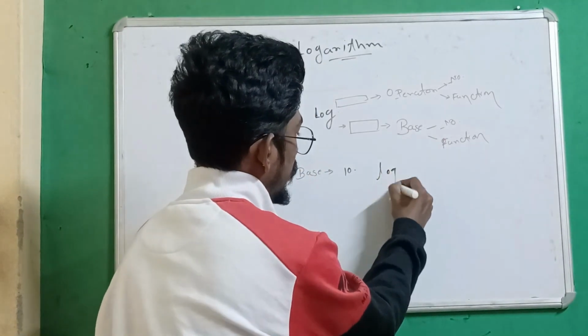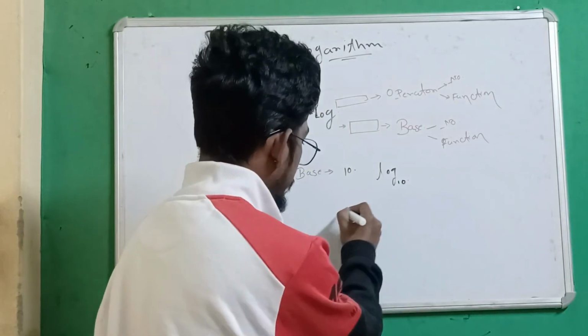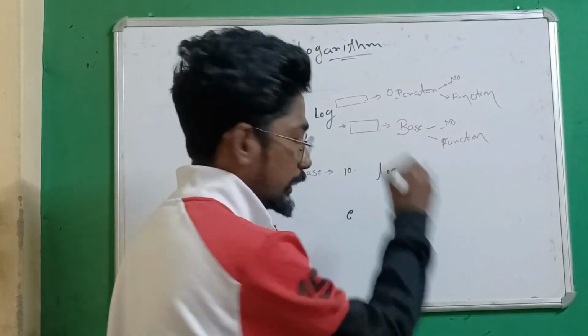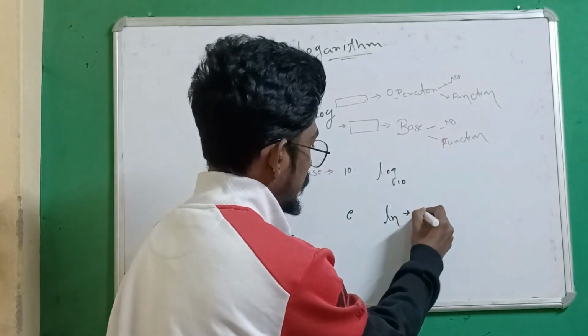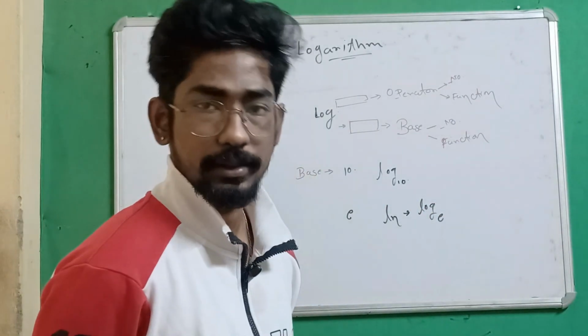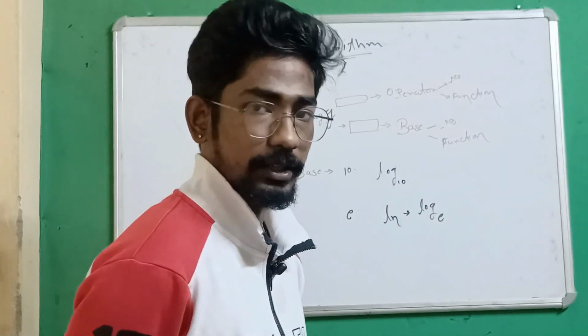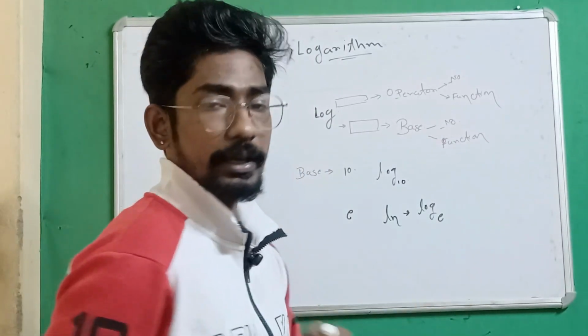Now if the base is changed to e, then it is known as ln, or in other words, log e is nothing but ln. You will find the ln part in chemistry.